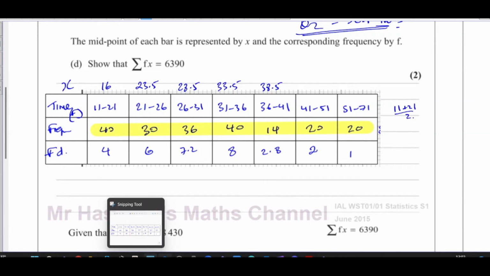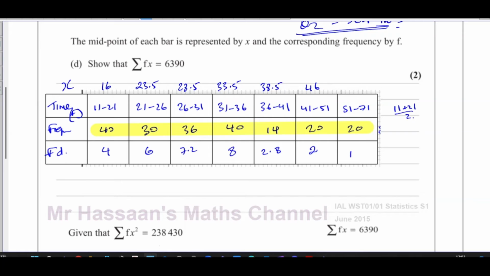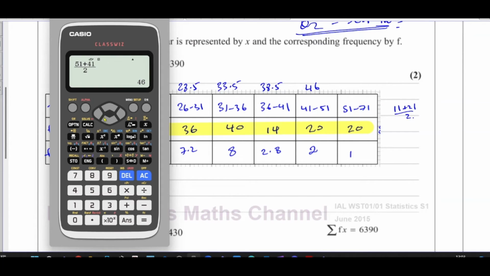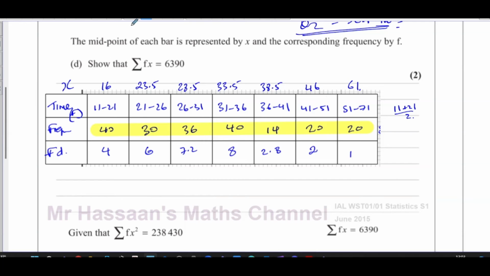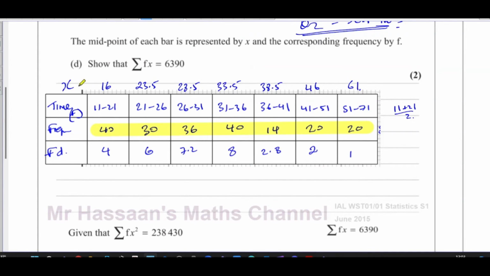And then we got 41 plus 51 divided by 2, that gives us 46. And we got 51 plus 71 divided by 2, and that gives us 61. So these are our values for x.